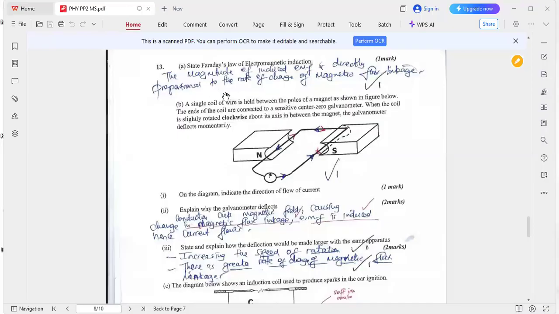Just the way KLB puts it out is the same way you say. Then we have a setup here where we have a coil placed inside a magnetic field.